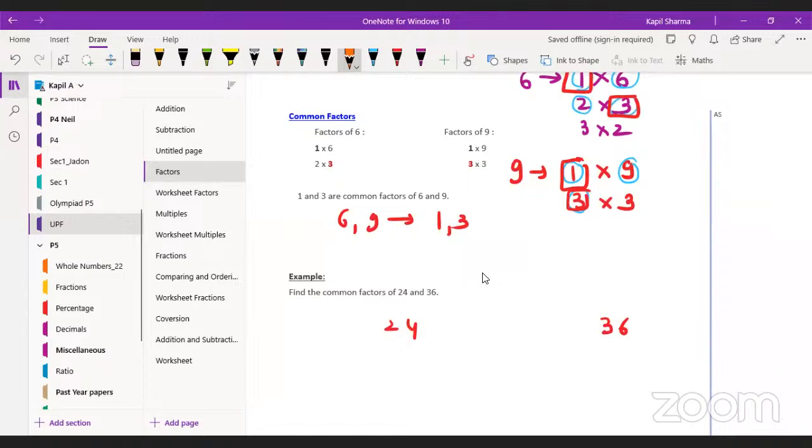Find all of them, and then write. Yes, anyone? 2, 4, 6. That's all. See, 1 is definitely a common factor, Swastik. Are there any other factors?